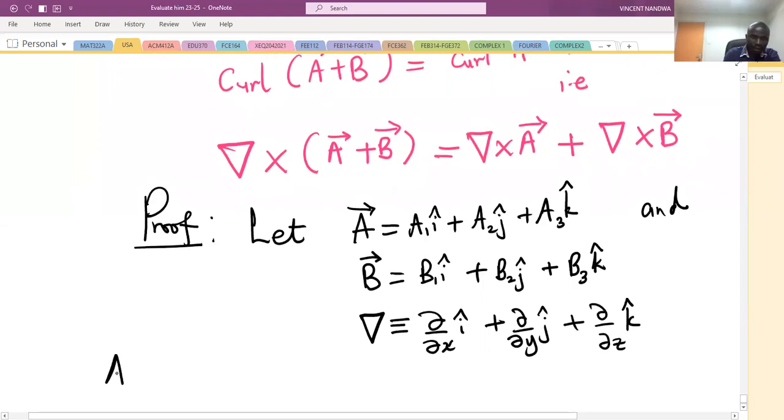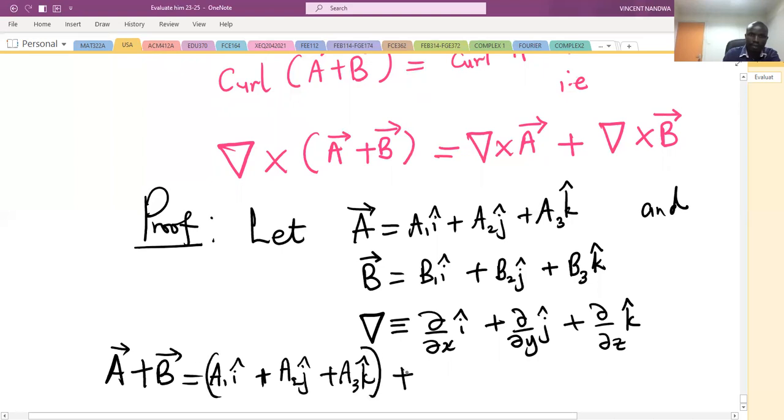Now A plus B will be given by A1 i plus A2 j plus A3 k plus B1 i plus B2 j plus B3 k.